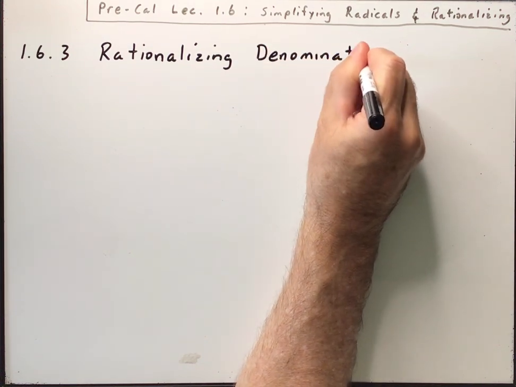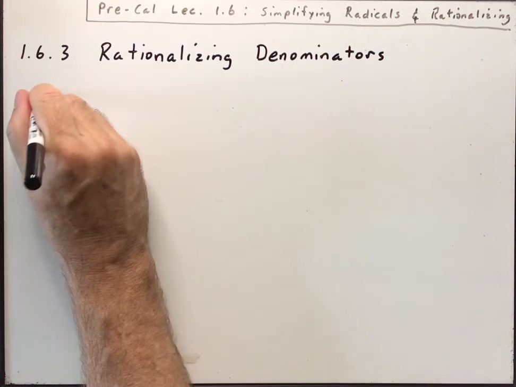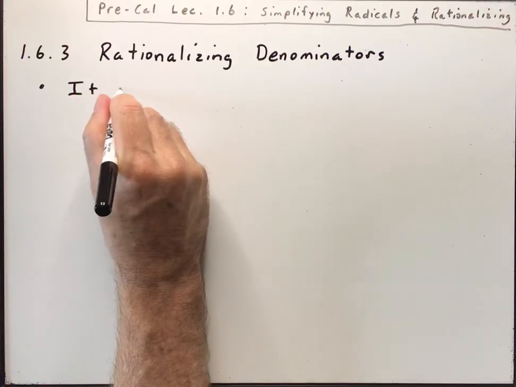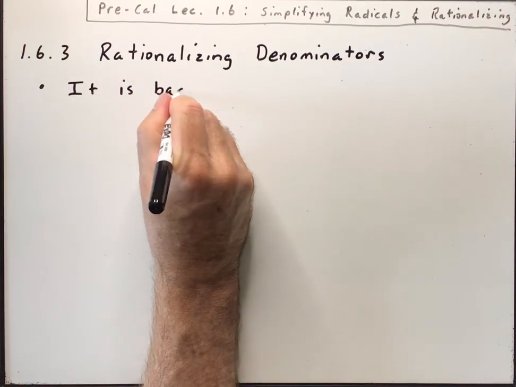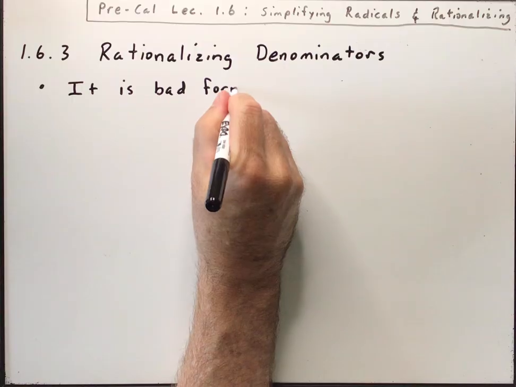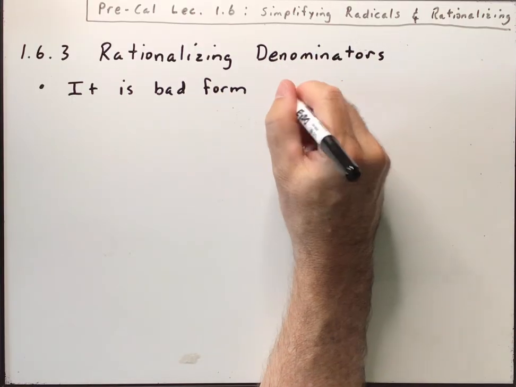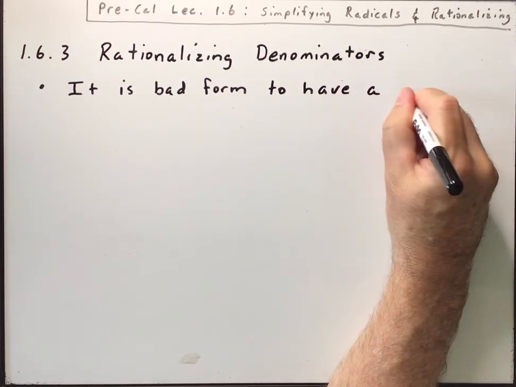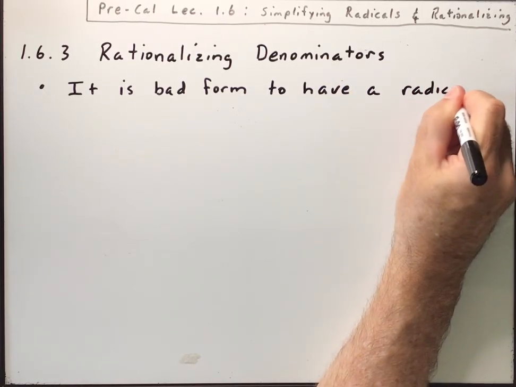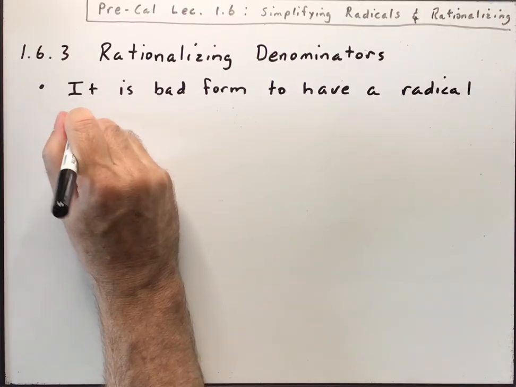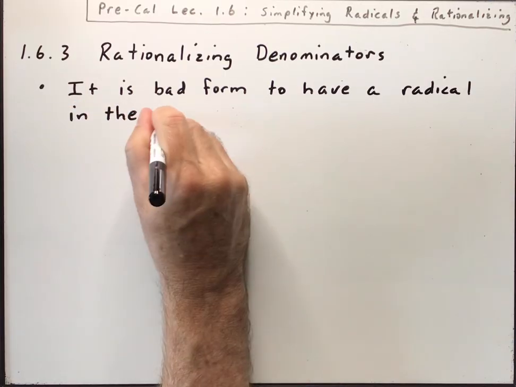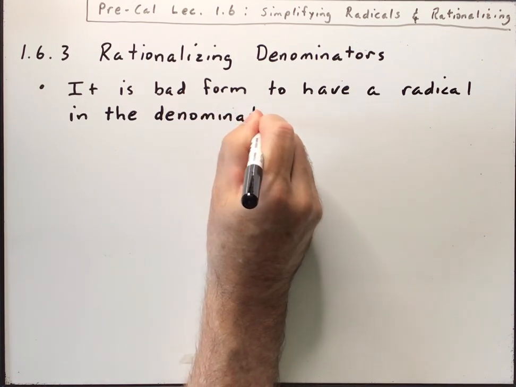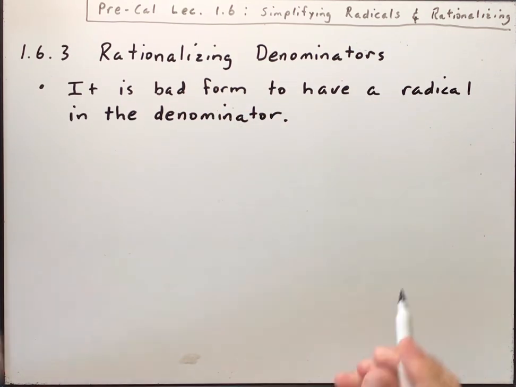So I've got a little bit of notes that I want you to write down, a couple of bullet points. It is bad form to have a radical in the denominator. Now, who decided that?